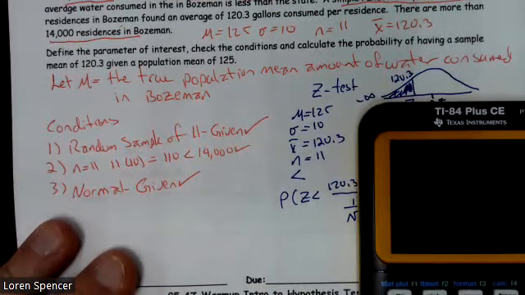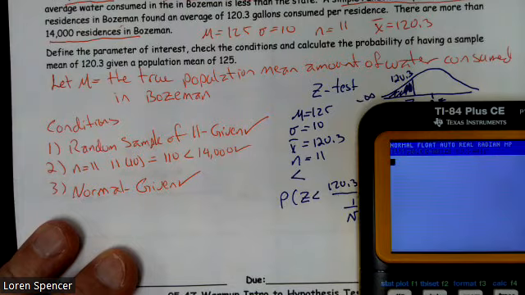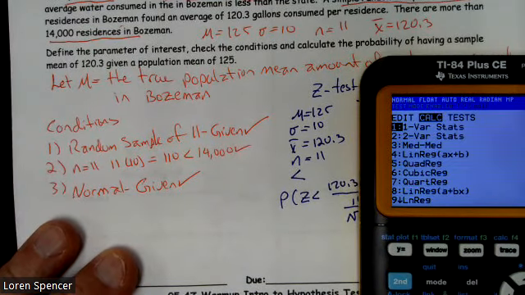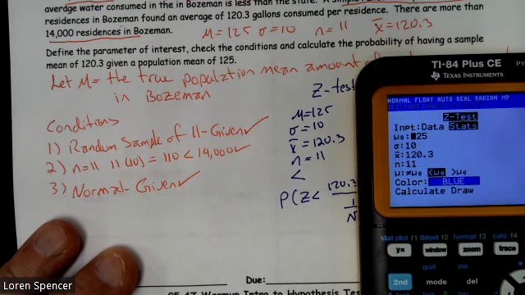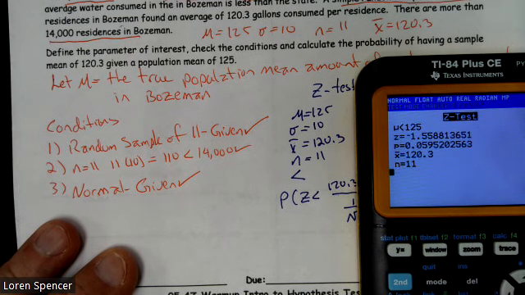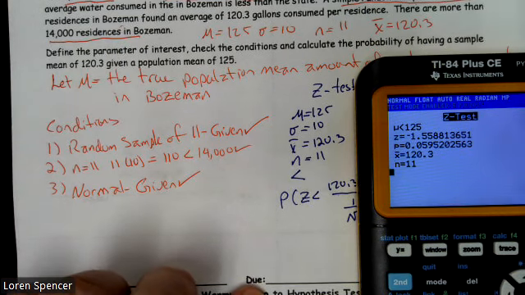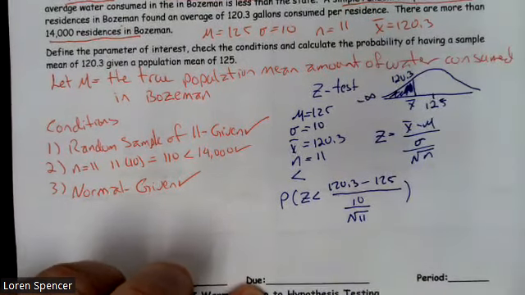So let's see what happens when we go to the calculator. We're going to go stat, arrow over to test, z-test, which is our first one, our mean of 125, our standard deviation of 10, x bar of 120.3, n of 11. Need to make sure that we have the less than highlighted, and we're just going to press calculate. We end up getting a z-score of negative 1.5588. We need to write that down.